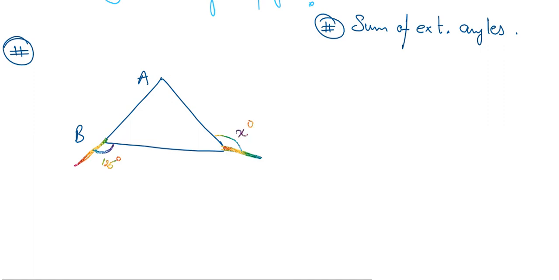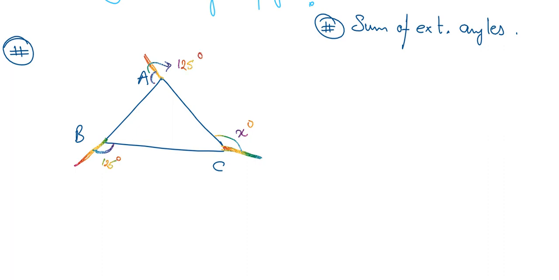This was B, this was C. Similarly, let me extend CA like this, and that angle is also 125 degrees.